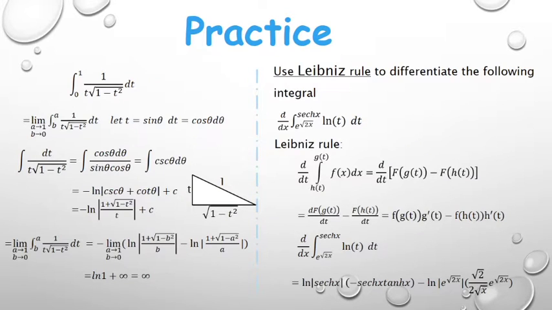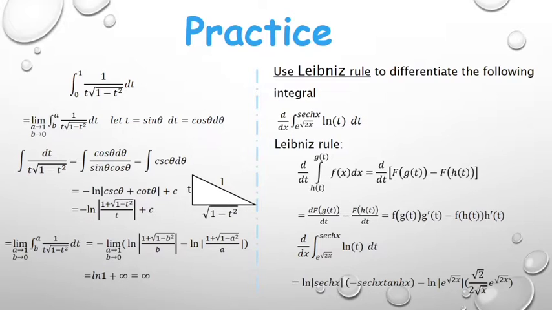Now let's look at this example. We have to use limits this time because when t equals 0, the denominator becomes 0, and that is undefined, and when t equals 1, the denominator becomes 0 too, so it becomes undefined too.